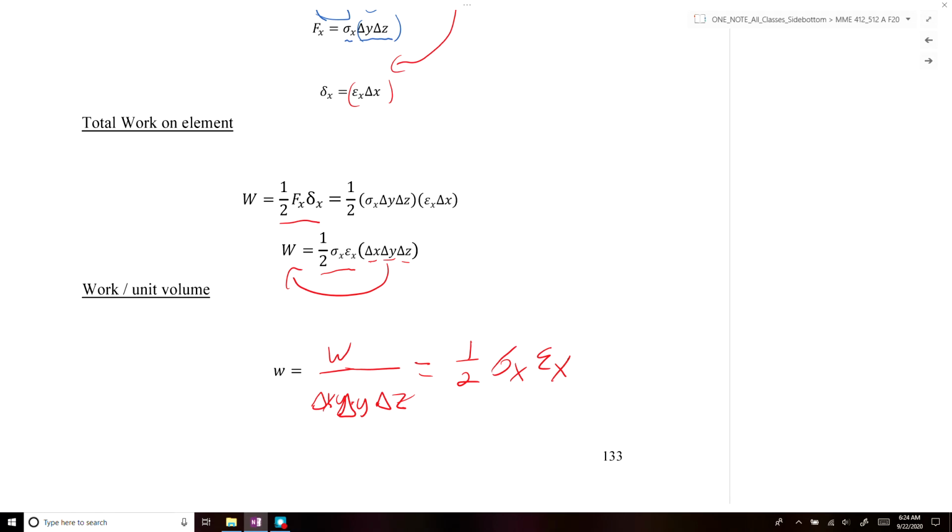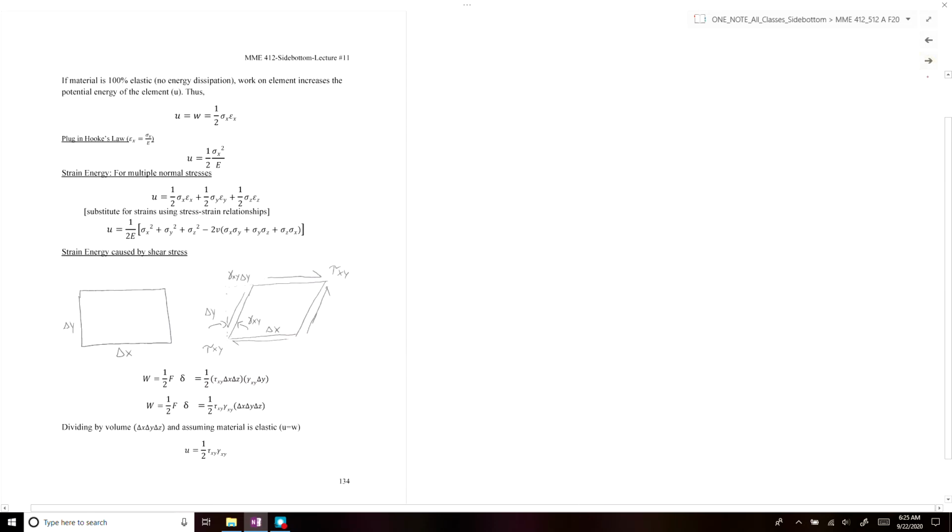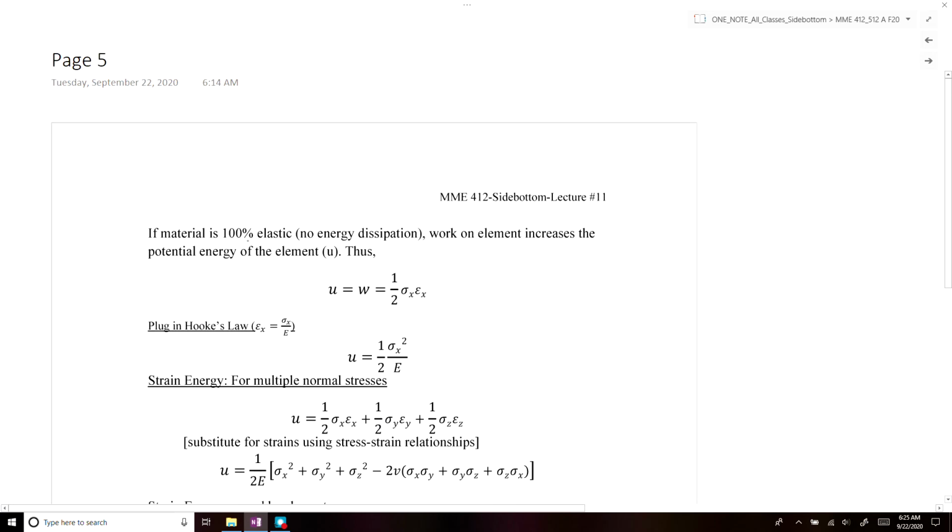So if we assume that the material itself is 100% elastic, what that means is that no energy is lost due to the applied stress.